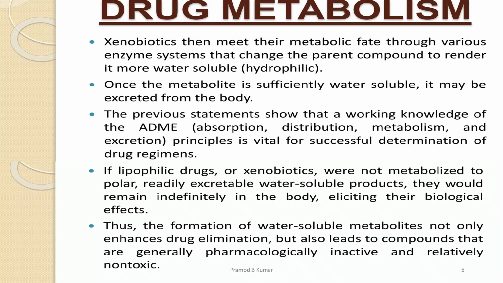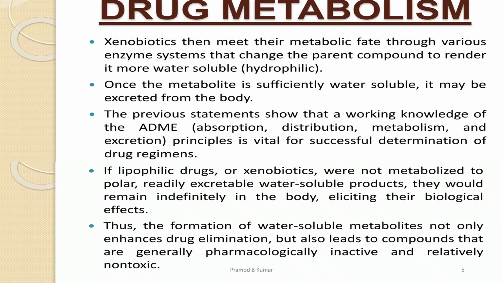The xenobiotics meet their metabolic fate through various enzymes, as we know, such as esterases and cytochrome P450. There are various enzymes which convert the parent compound into a more water-soluble form. Once the metabolite is sufficiently soluble, it can be excreted from the body.